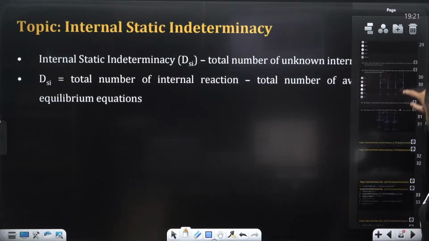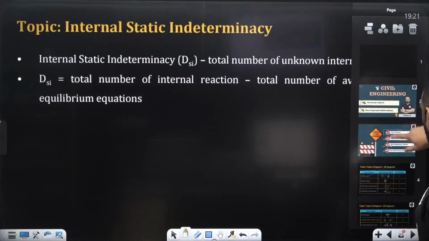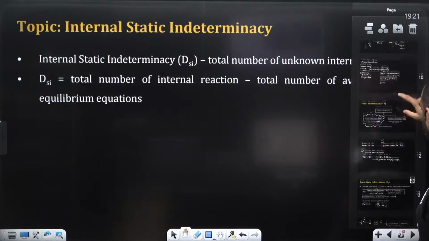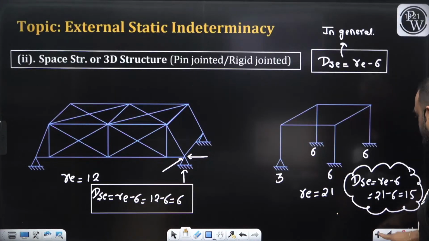Let me see whether that particular question is available in this slide or not. Otherwise I will write it down. Okay, no problem, we'll write it.